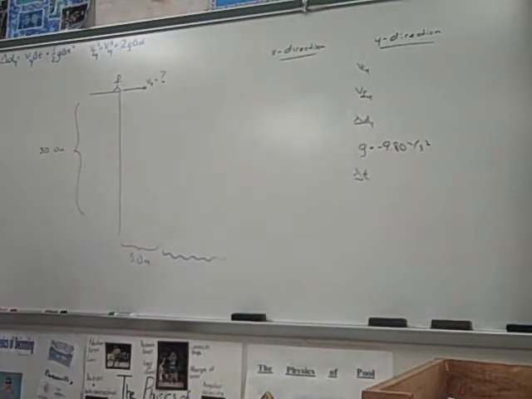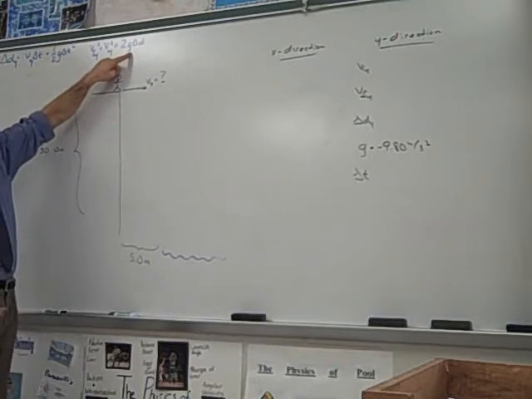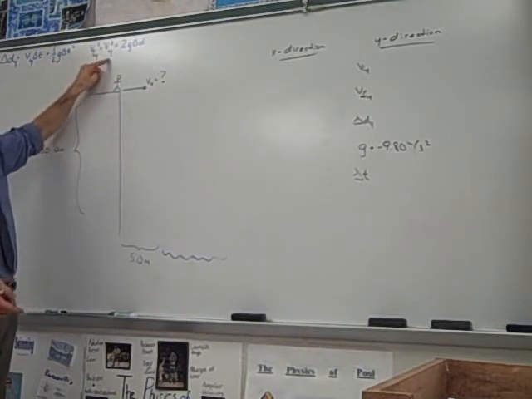Now in the x direction, there's no acceleration, right? There's no forces pushing him or pulling him in the x direction. So because of that, we don't need these equations. Okay? If we were to make acceleration 0 in this equation, then we have Vf equals Vi. That's not very helpful. If we make acceleration 0 here, we have Vf equals Vi.